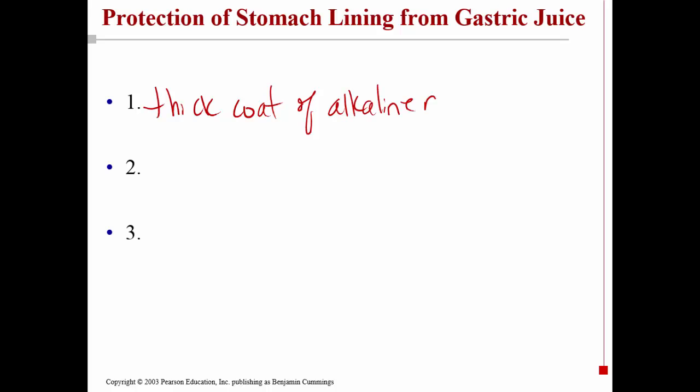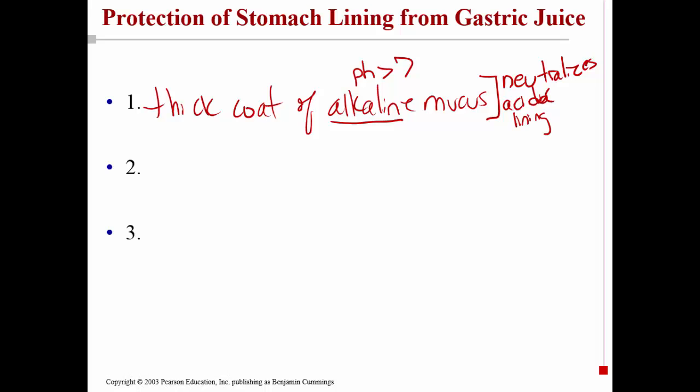Now remember, alkaline means it is basic, so the pH is greater than 7. What this does is it neutralizes the acid lining the stomach. Again, it doesn't neutralize all the acid in the stomach, because then the gastric juice wouldn't be able to do its job. It neutralizes the acid lining the stomach, so not the whole thing. And that protects the stomach lining.